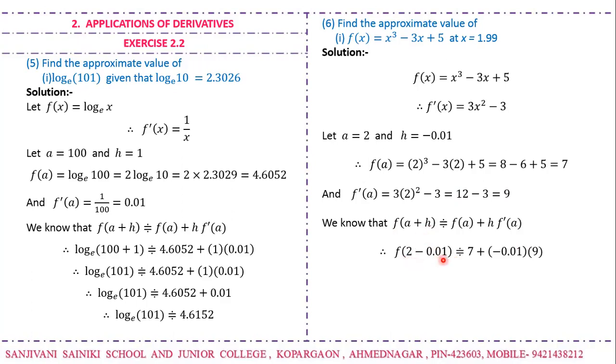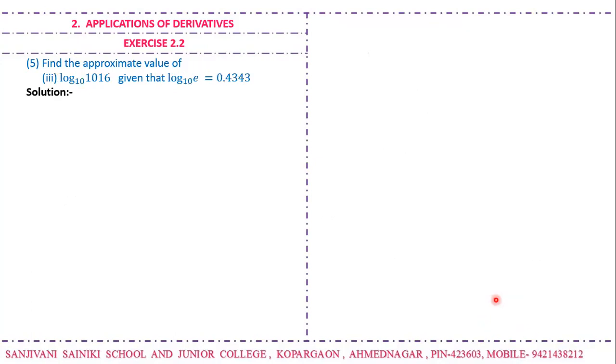F of 2 minus 0.01 is approximately equal to 7 minus 0.01 into 9. So take their multiplication and now subtract 0.09 from 7. It is f of 1.99 is approximately equal to 6.9100. This is the approximate value of the given function.